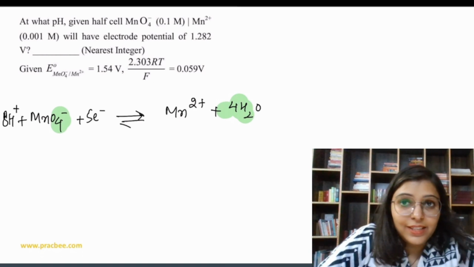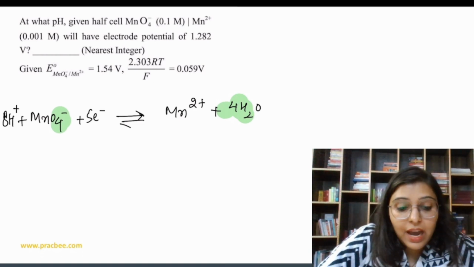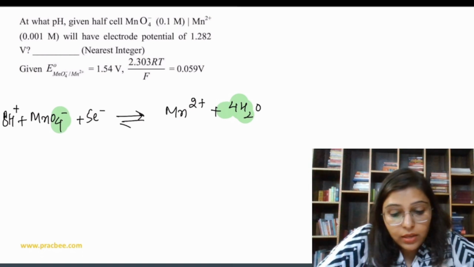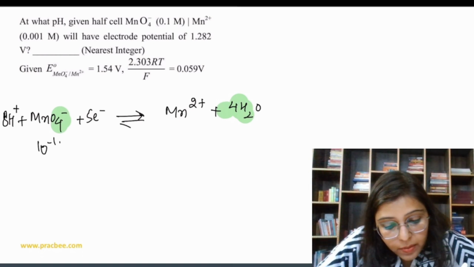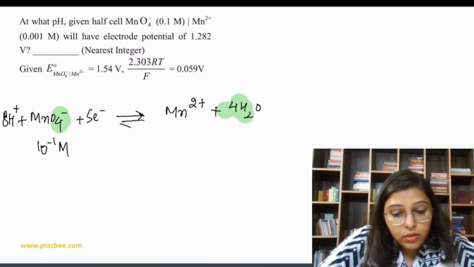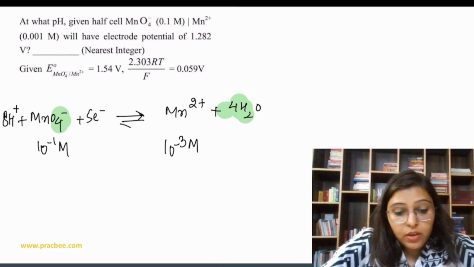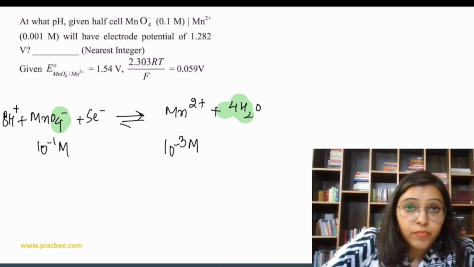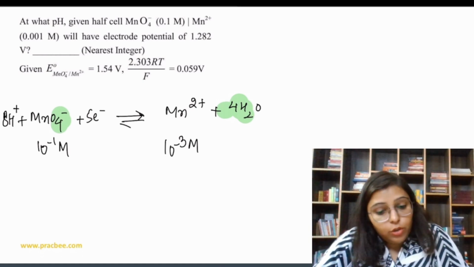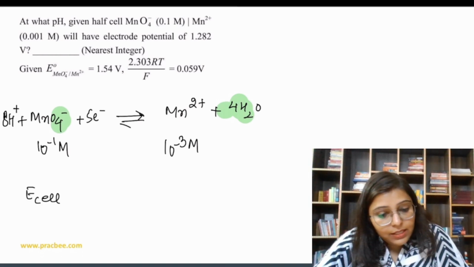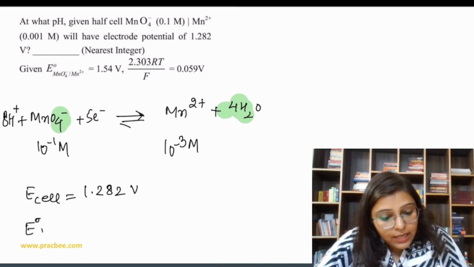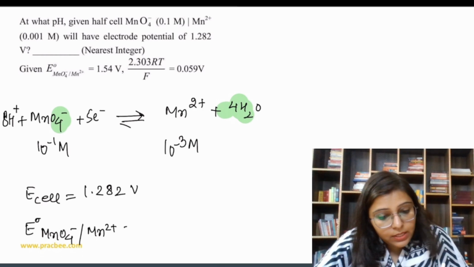The question says, at what pH will the given half cell, MnO4- which is 0.1 molar, 10 to the power minus 1 molar, giving Mn2+ which is 10 to the power minus 3 molar, have an electrode potential of 1.282 volt. It means E cell is 1.282 volt. And E0 cell for MnO4- giving Mn2+ is given as 1.54 volt.